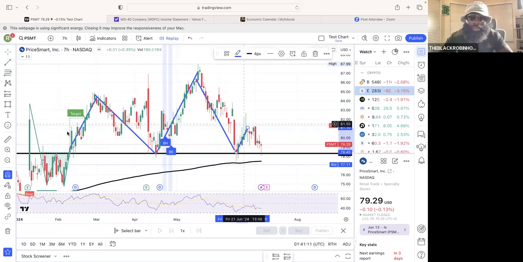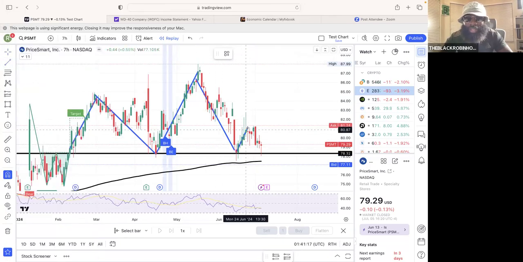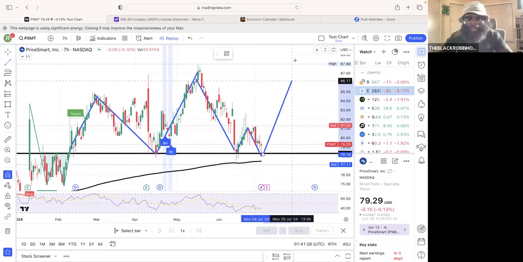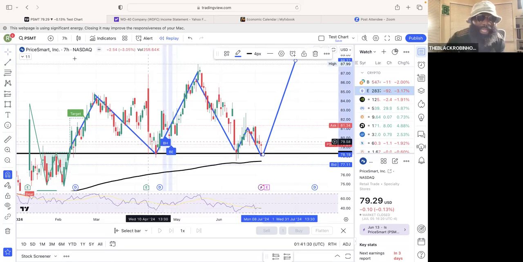Bear said no. Pushed it back down. Same zone. Same zone. Started from the top. Now we're here. Can we go up from here? Make it back up here. That's what we're trying to see.